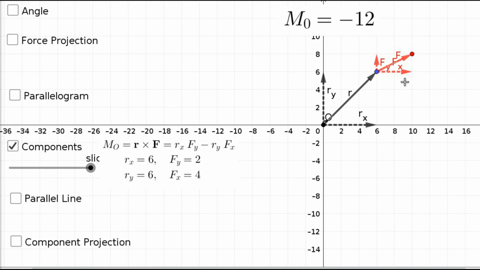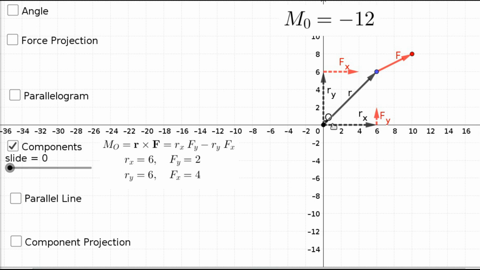Now we can move these forces. We can actually move the components along their line of action. So we can move the components of the force to the axes so that they line up with the components of the position vector.